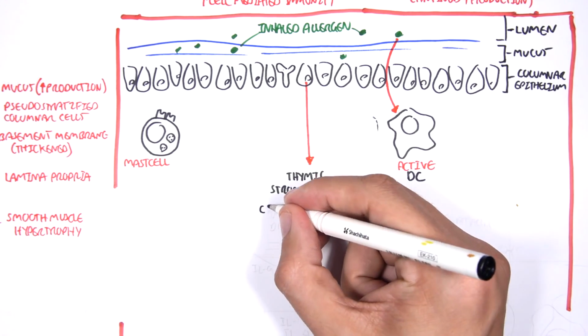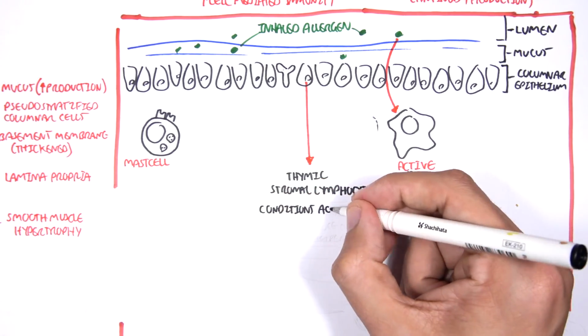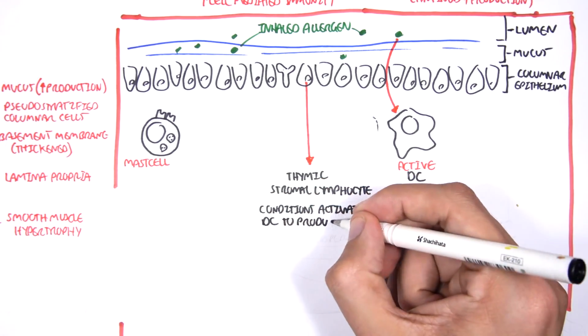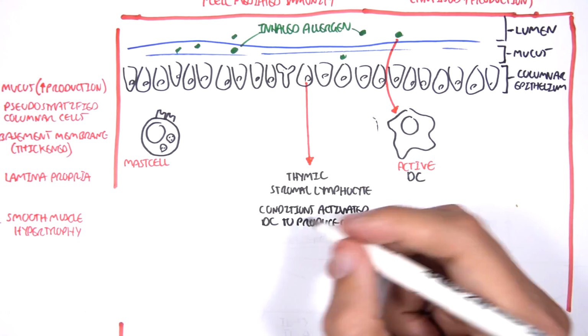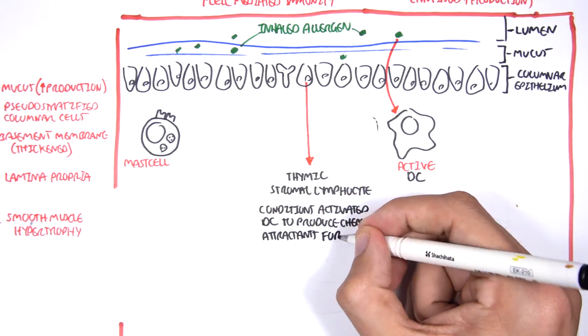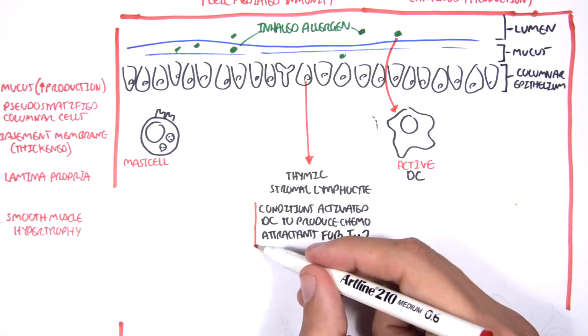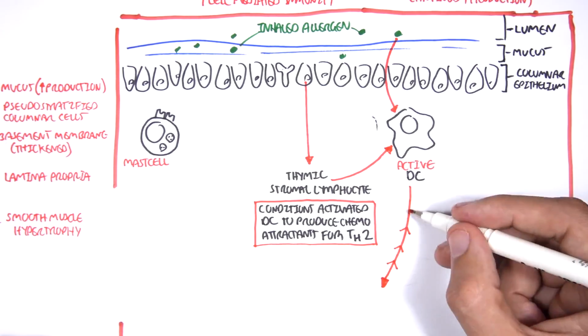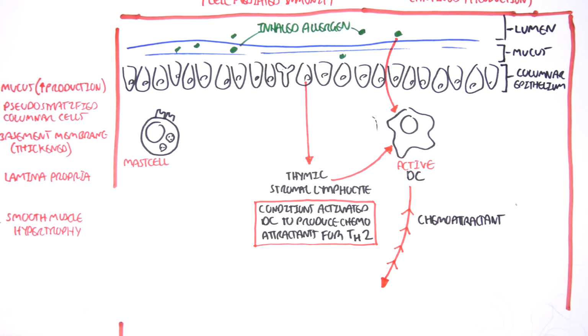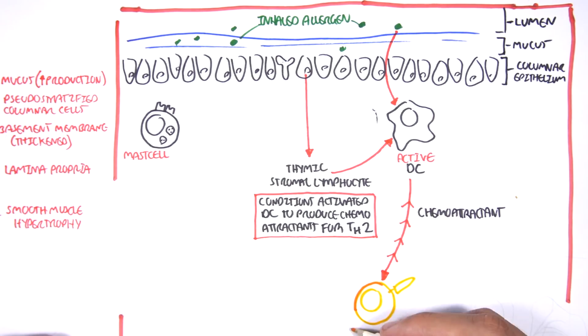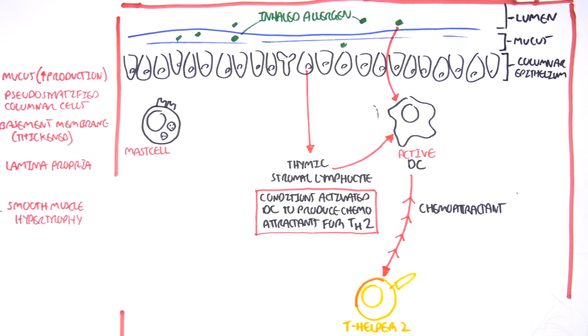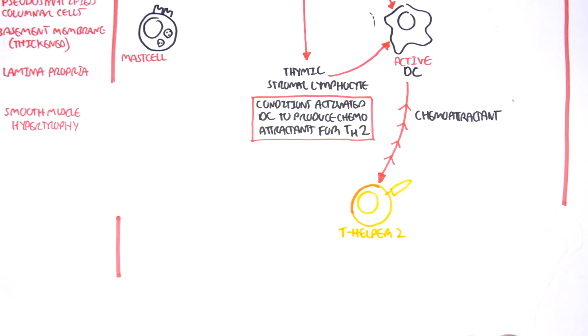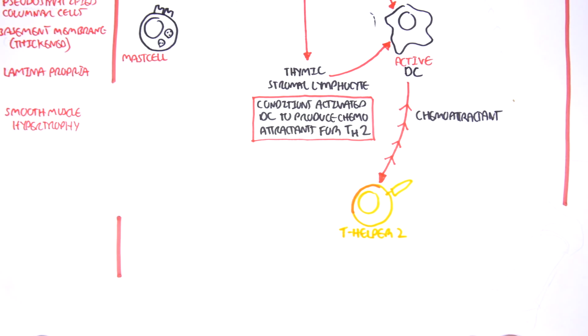Thymic stromal lymphopoietin will condition activated dendritic cells to produce chemokines to attract specifically T helper 2 cells. The activated dendritic cell itself will activate the T helper cells to differentiate into T helper 2, and also will secrete chemokines to attract the T helper 2 to the area, to the bronchioles or the lungs.